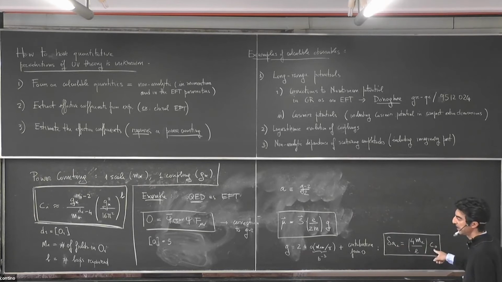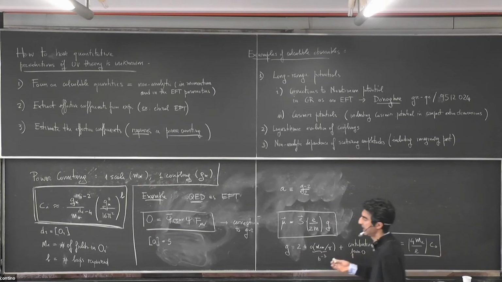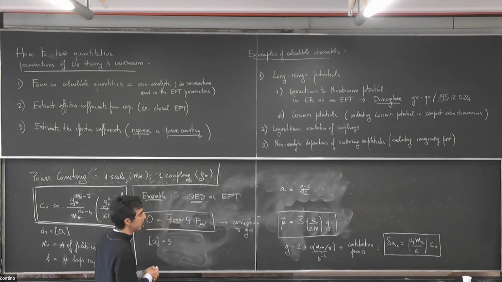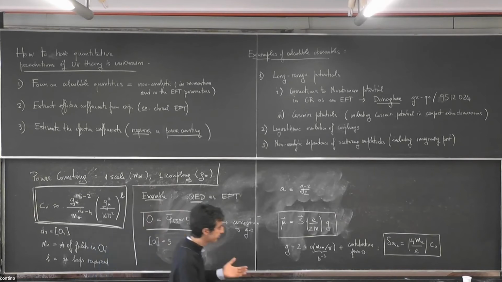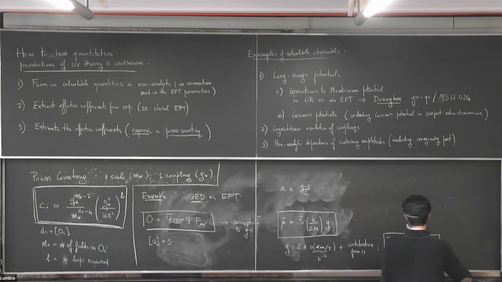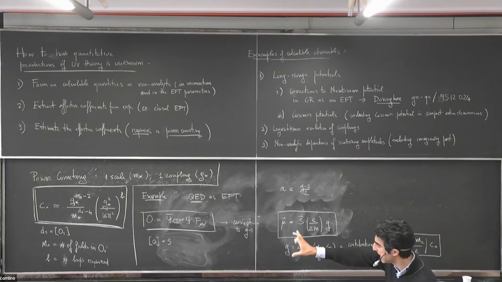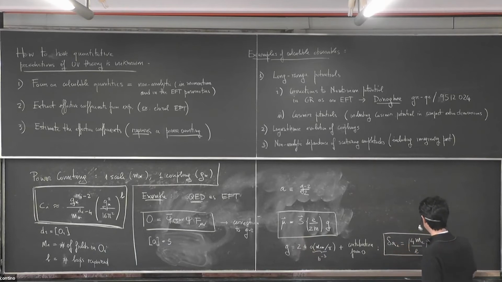So the scale at which QED is replaced by a complete UV theory has to be sufficiently large, in such a way that this coefficient is sufficiently small. So without making any estimate, you can use data and put a constraint on C_O.